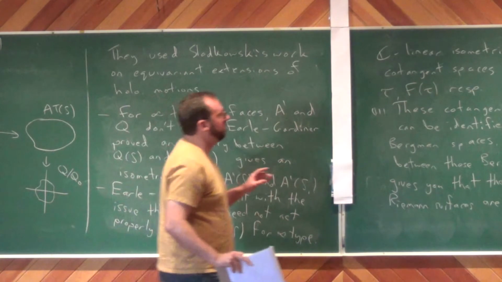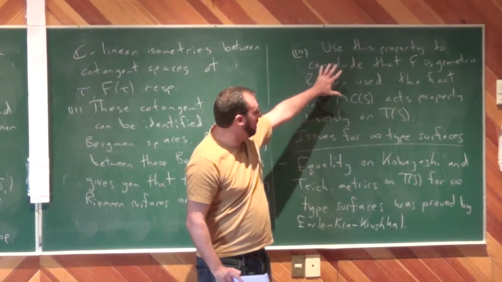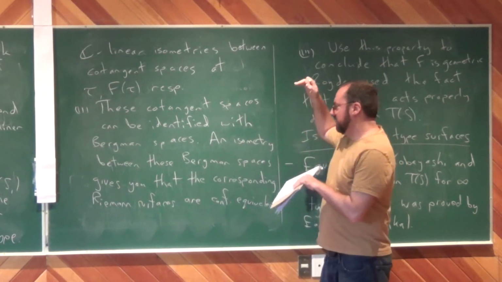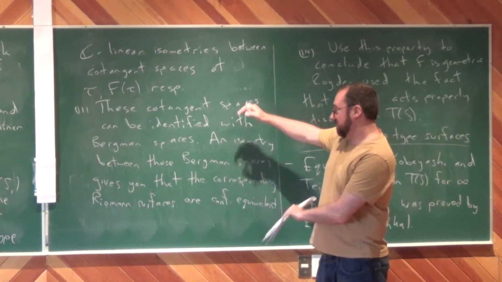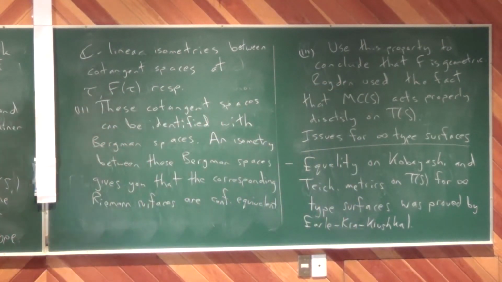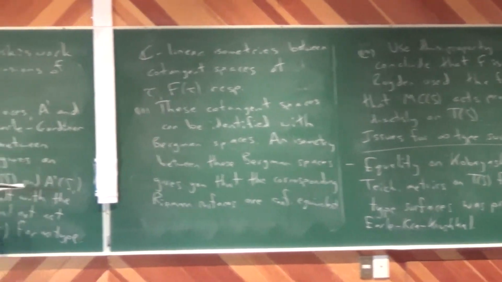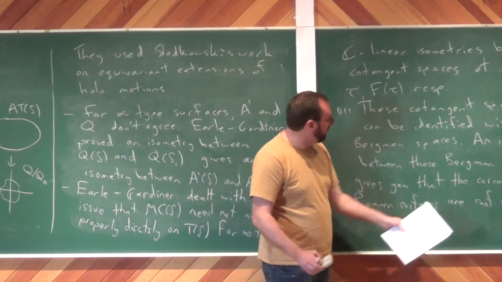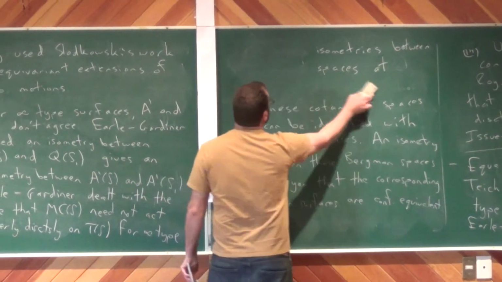So this part 3 here, Earle and Gardiner sorted. So what we're left with is this part here, part 2. So if you have a complex linear isometry between these Bergman spaces, do you get a conformal mapping between the corresponding Riemann surfaces?